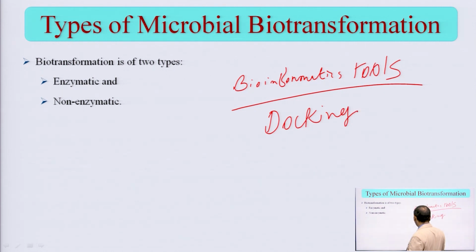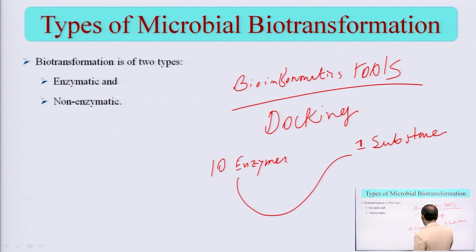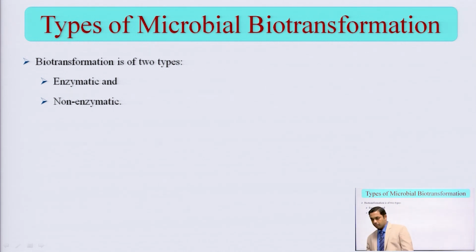If you have 10 different kinds of enzymes and you have one substance and you want to check which enzyme will fit nicely with that particular substance, you can do molecular docking. It will give you the result and tell you which enzyme can be used. Right now, scientists are doing this kind of activity.